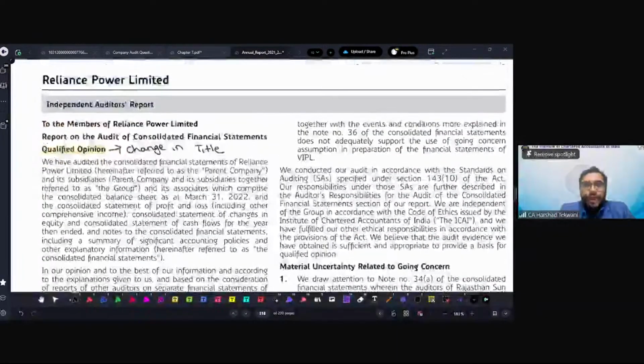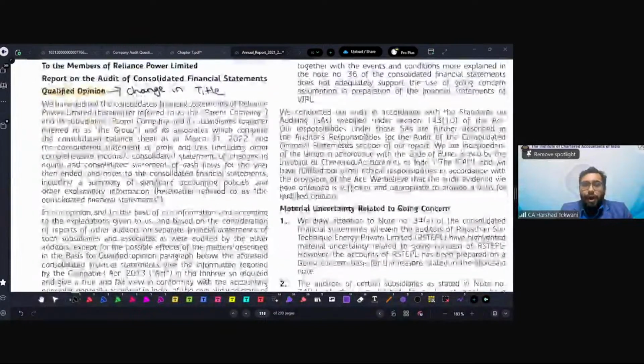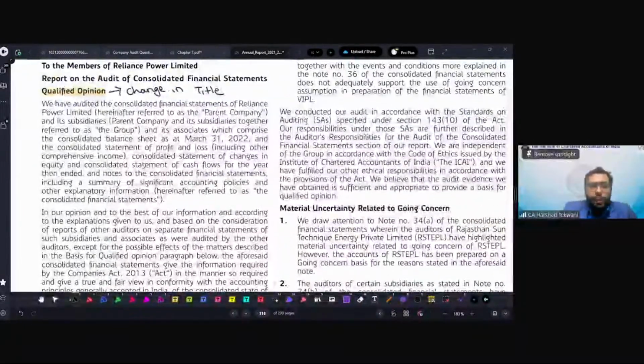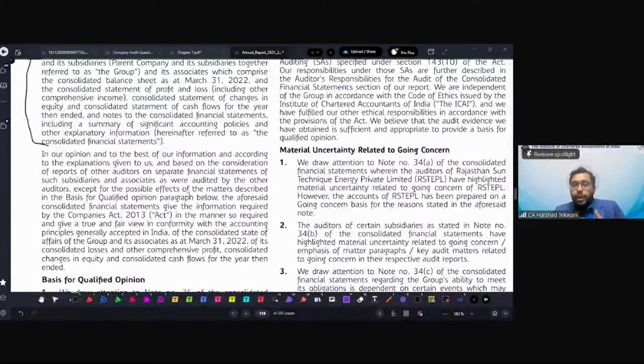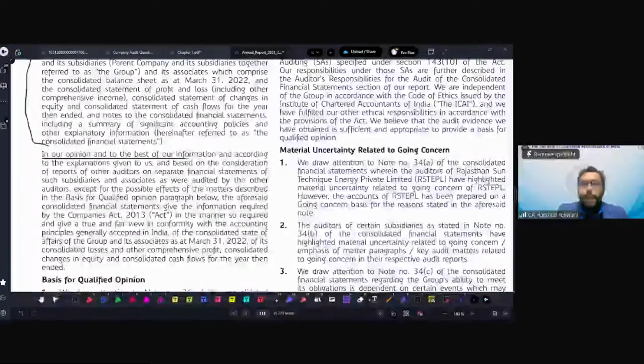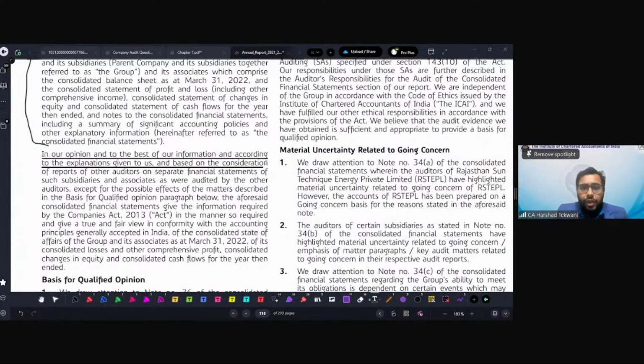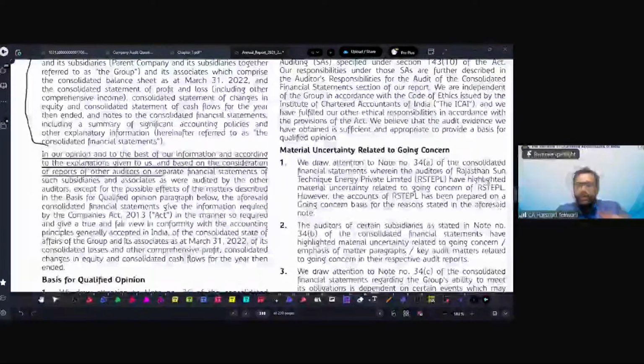That is, when we write, okay, this is something we have audited, and in our opinion, the first paragraph was identification. You will identify as usual, everything fine. But subsequently, when you give your opinion, over there you will specify that in our opinion and to the best of our information and according to the explanations given to us and based on the consideration of the reports of other auditors, like this is a consolidated one, so that's why we are referring to other auditors.